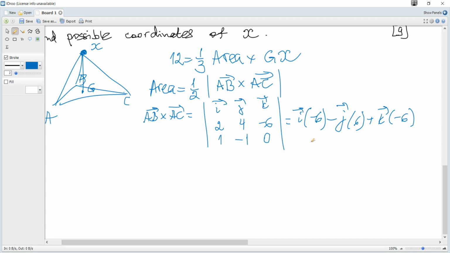And the magnitude of this vector, and hence the area becomes a half.